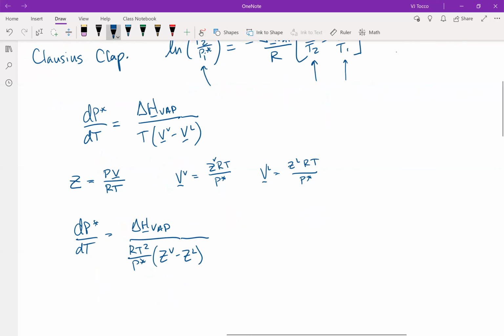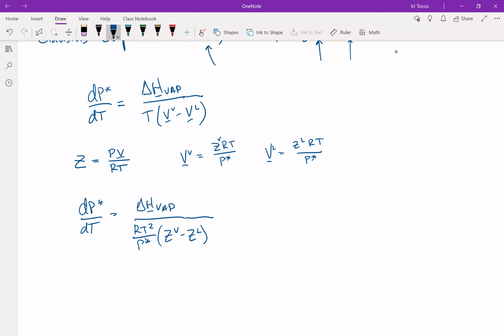And then anytime I have a quantity of Z vapor minus Z liquid, or any property of the vapor minus any property of the liquid, I can write that neatly mathematically by saying that it's simply delta Z for vaporization. Because that's what a vaporization property does. It compares the value of a certain property from the vapor phase to the liquid phase, and that tells you what the change is of that property upon vaporization of that substance.